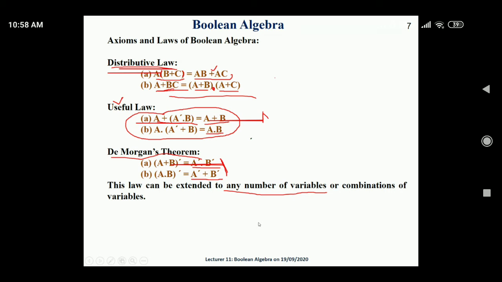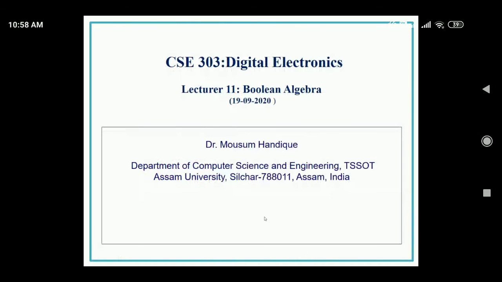But remember one thing: from the introductory lecture up to lecture 11, this is your syllabus for the first internal exam. You can also check the instruction manual which I have already provided. There, unit 1 is covered, all the topics of unit 1.